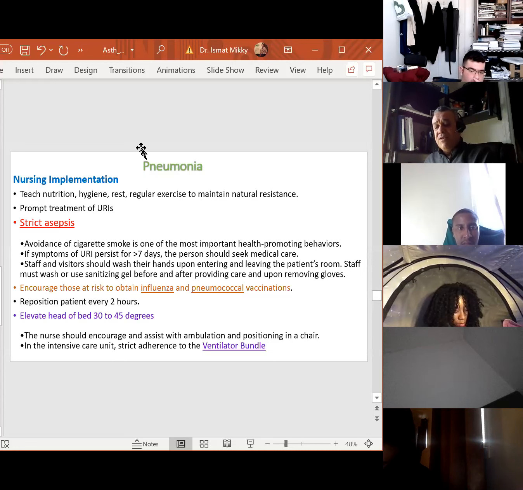And the ventilator bundle provides you with a table in the book. It's a group of interventions, specific interventions that can be performed, and the aim is to reduce the risk of ventilator-associated pneumonia (VAP).